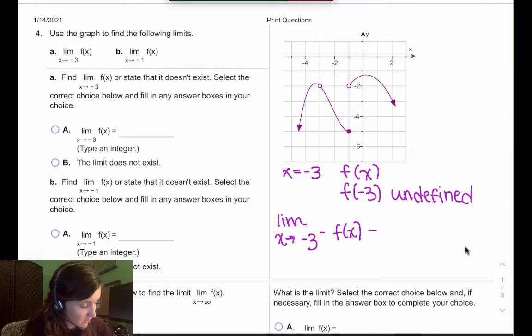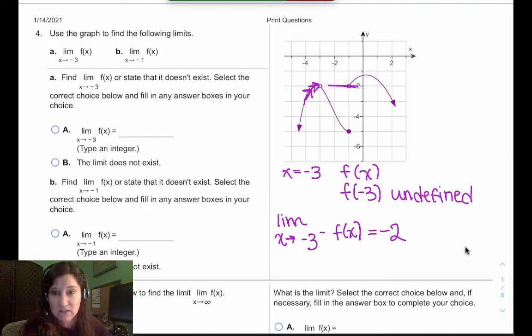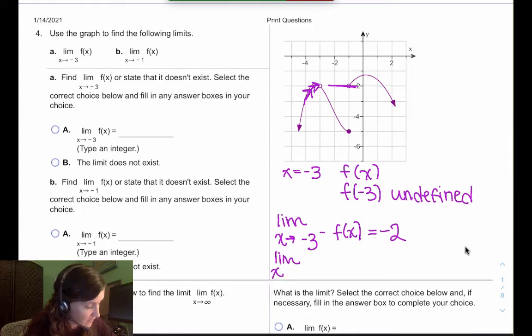So what does that mean? That means if we travel along our graph, getting closer and closer to -3, we want to see where the y values are heading towards. And the y values are heading towards -2. So the answer is -2. If we do the same thing, the limit as x goes to -3, but now let's look at it from the right.